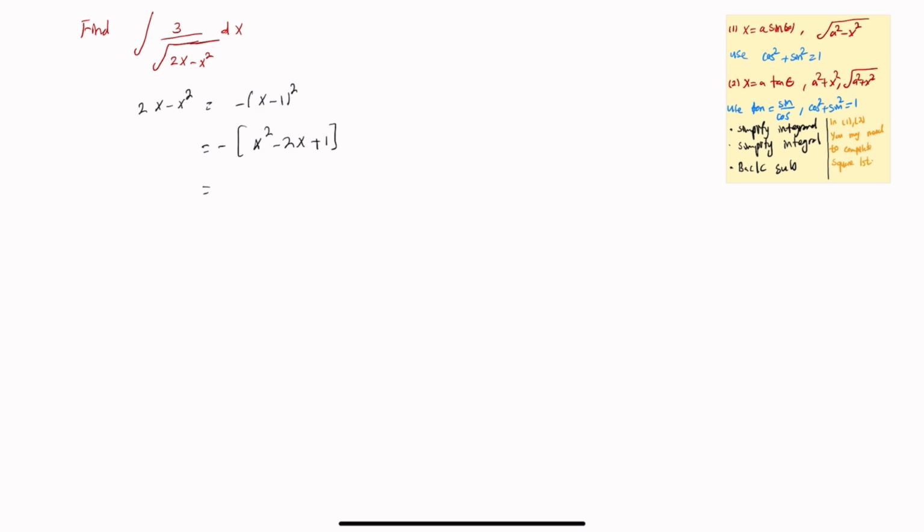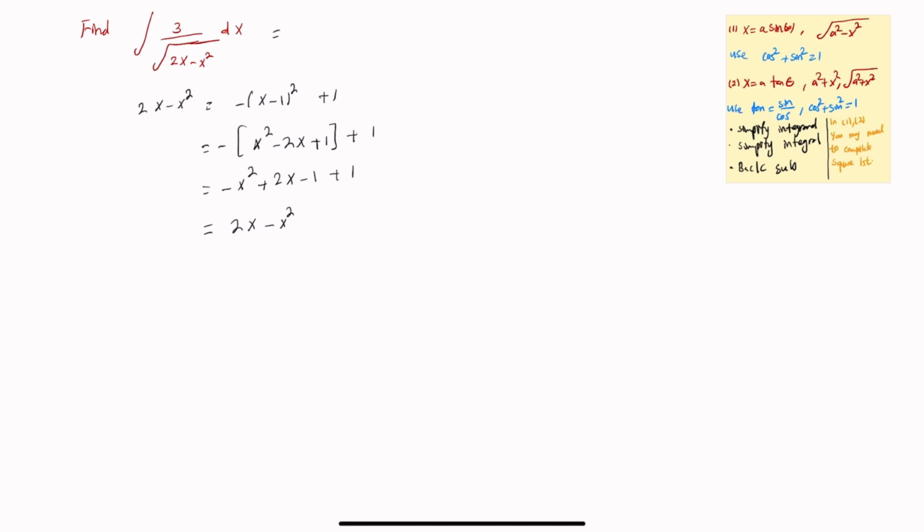This is equal to minus x squared plus 2x minus 1. Notice this is what we have, but we don't have this minus 1. Therefore, I'm going to add plus 1 in here, and that's going to be equal to 2x minus x squared if I arrange the terms. Now the left side is equal to the right side.